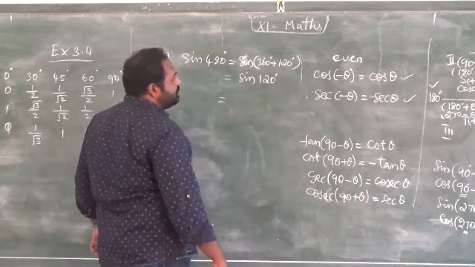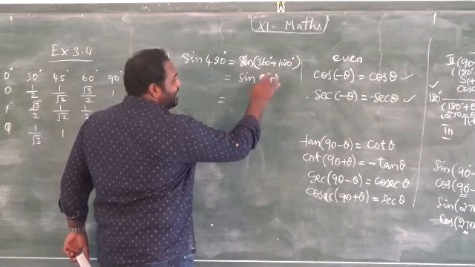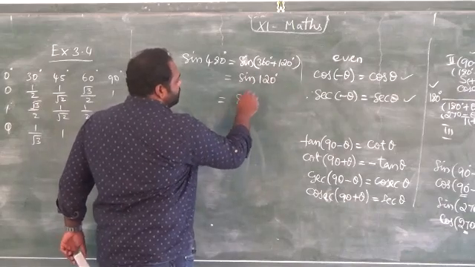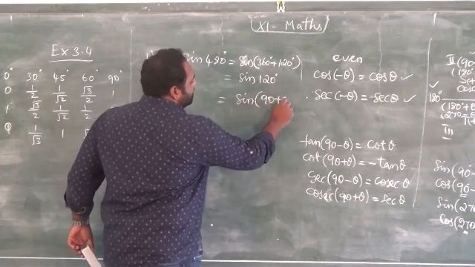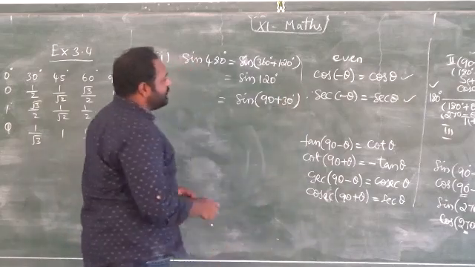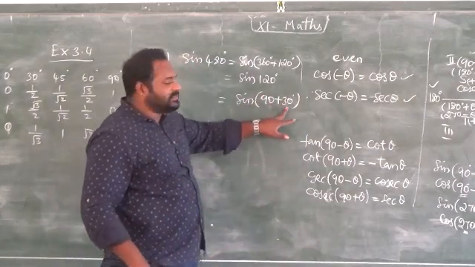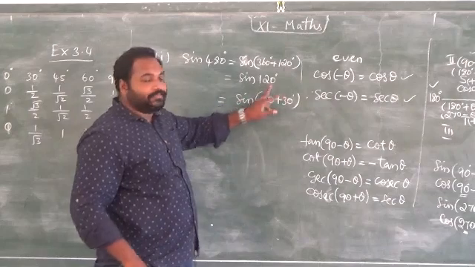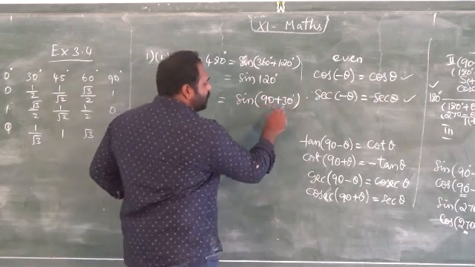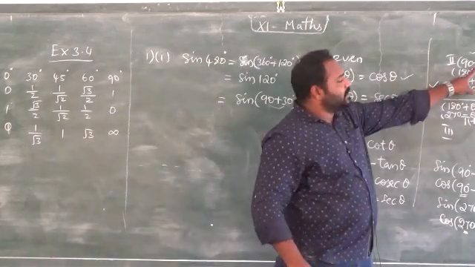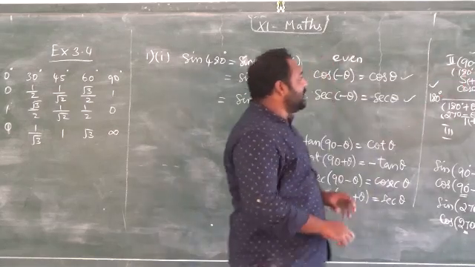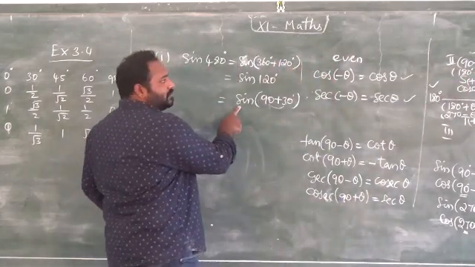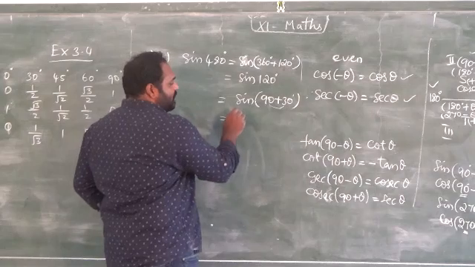It is also more than 90 degree, no? So sine 90 plus 30, 120 can be split as 90 plus 30. Which quadrant? It is second quadrant. Sign positive or negative? It is positive.